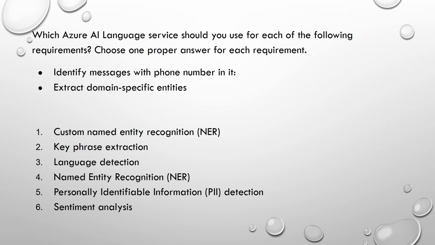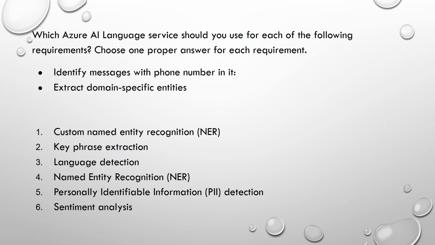Now let us break down the question. So the question is regarding Azure AI language service and we have to select the proper feature of language service for each of these requirements. So what are these requirements? One is to identify messages with phone number in it. So we have to identify phone number in messages. Next is extract domain specific entities.